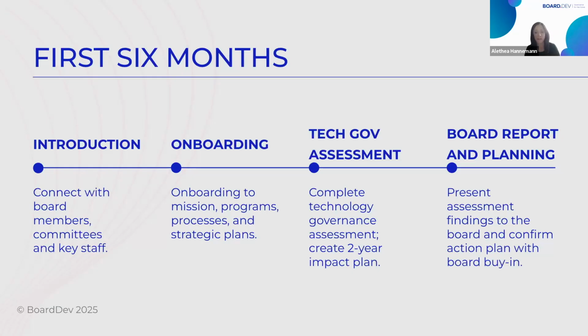You just want that person to make sure that they understand your organization, they've met your team, and they understand what your priorities are. But then these last two bullets are really unique to a tech board member coming on board. We have a tool called a technology governance assessment that helps you go through certain key areas of those 4 tech governance points: risk management, tech planning, resourcing, and generative tech.